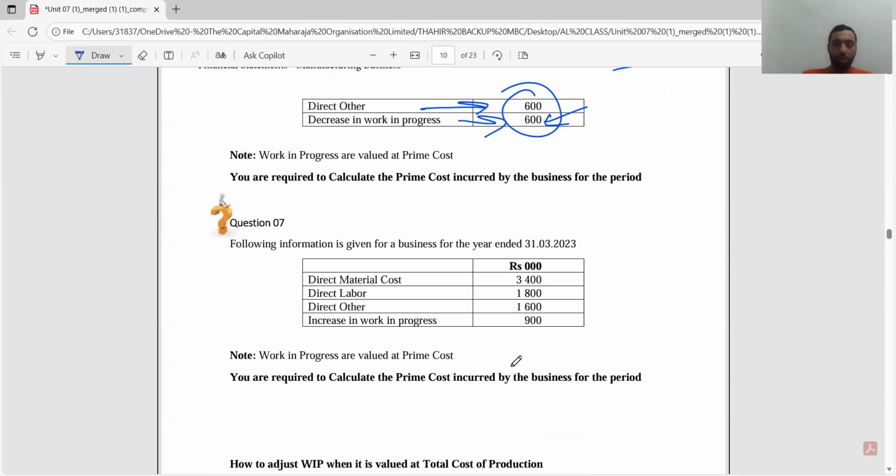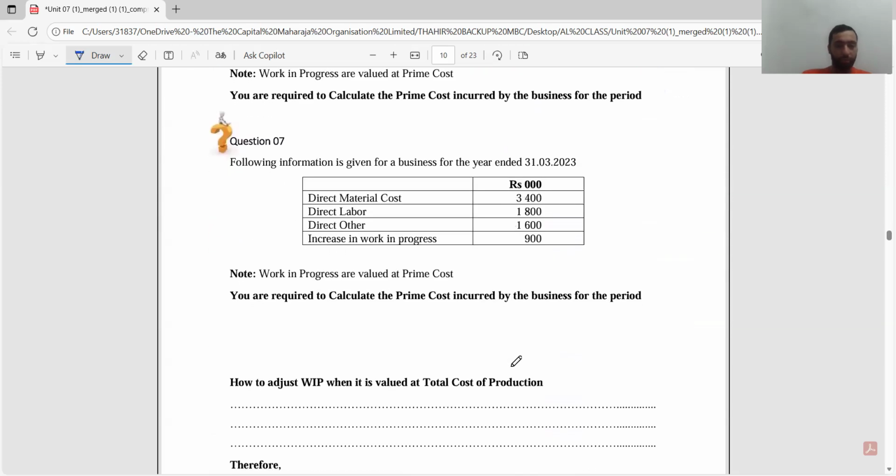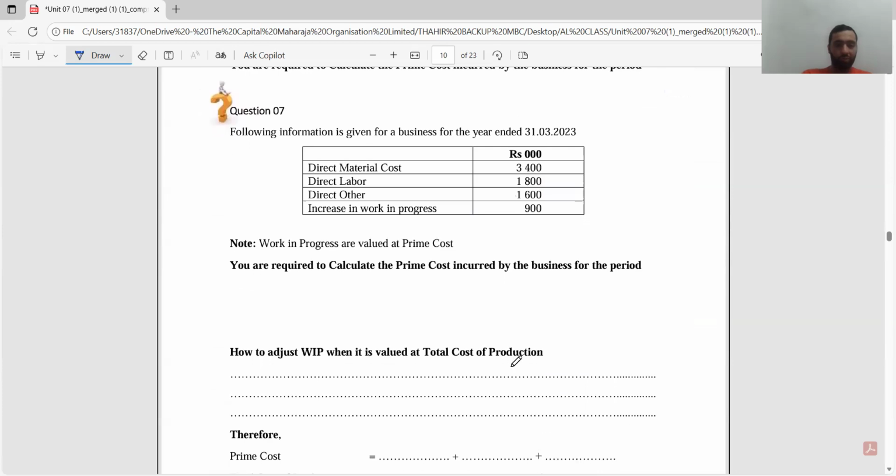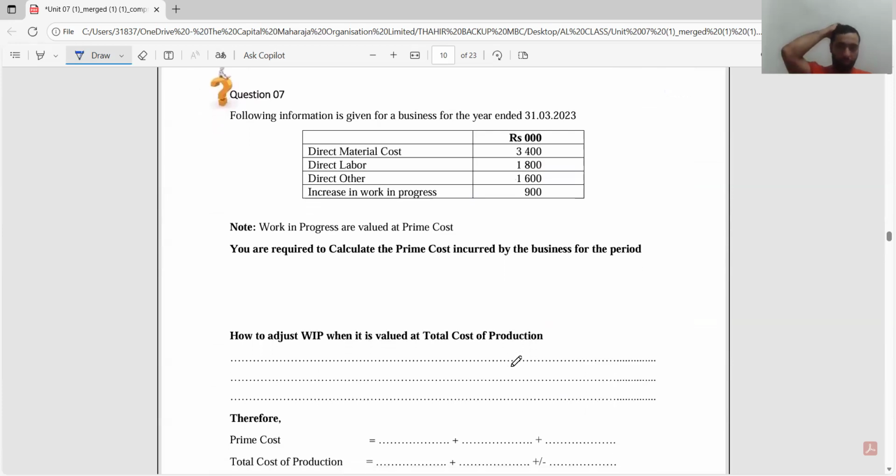Right. So let's move on to the next question. Following information is given for a business for the year ended 31st March 2023. Calculate the prime cost. Very simple. 3,400.